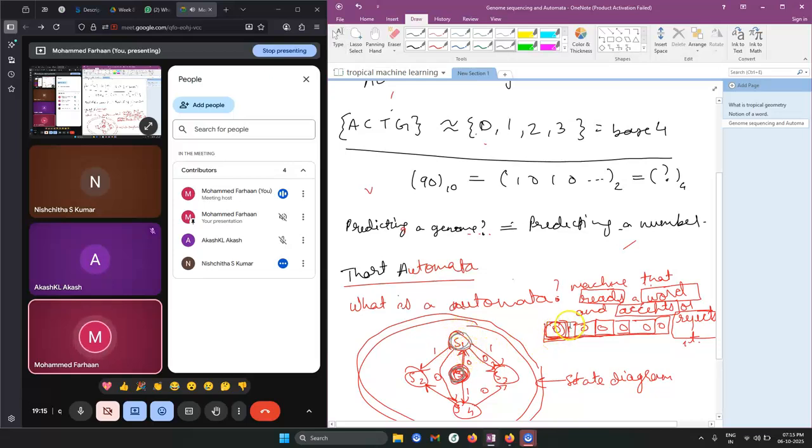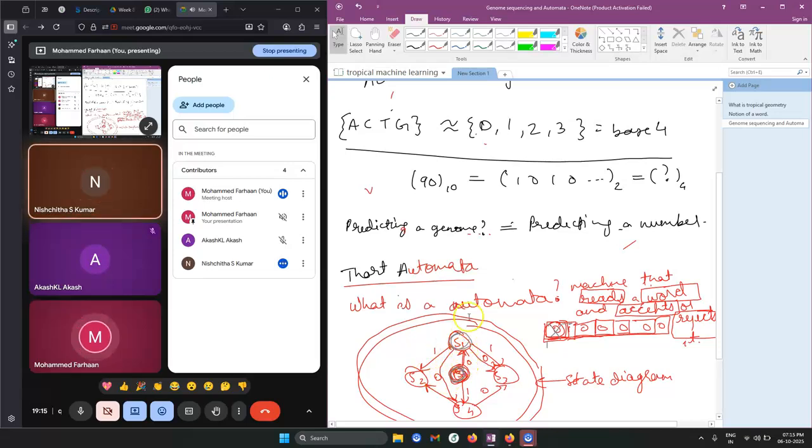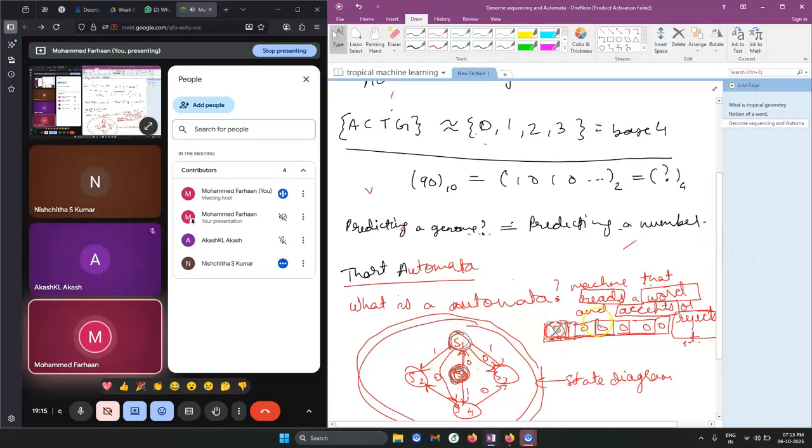Now next I'm going to read a 1. Where do I go next? There are two choices, so I make an arbitrary choice. Oh wow, this is not a good example at all, is it? I'm going to take a better example, and I'm going to start from the beginning.